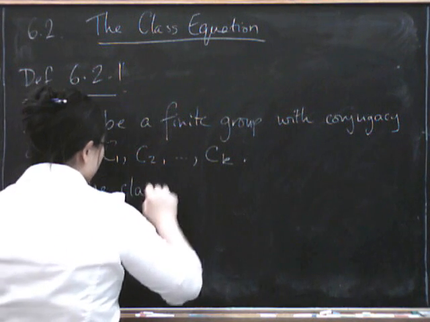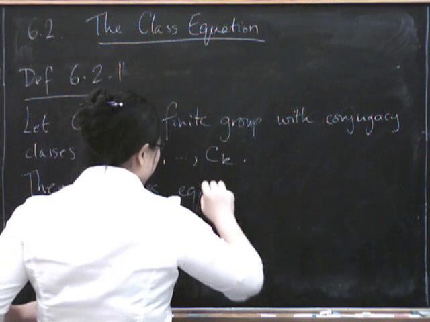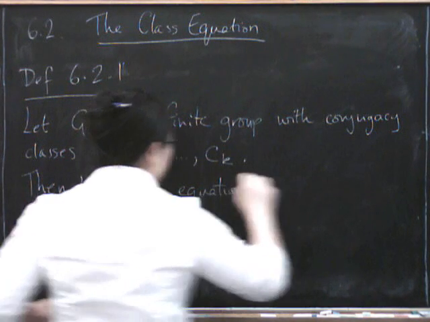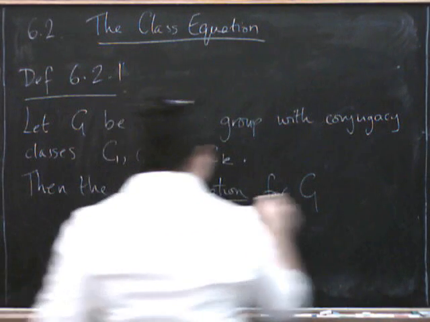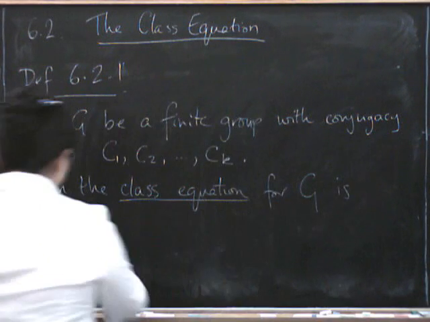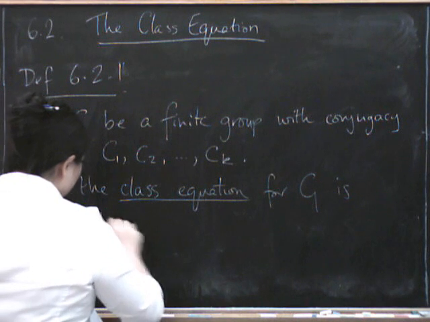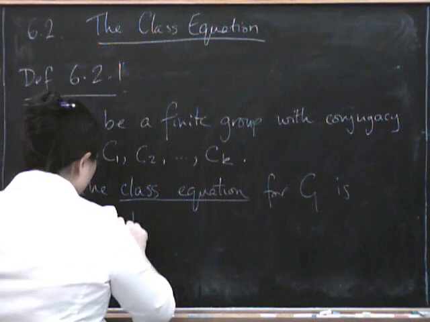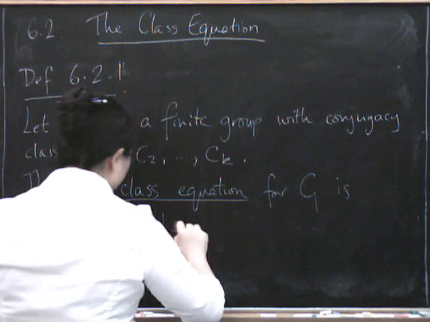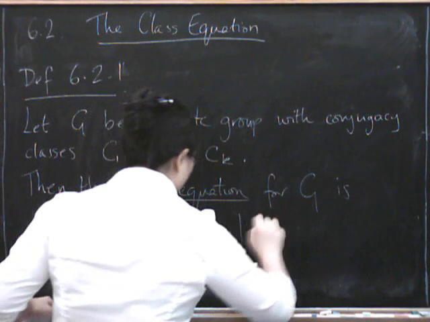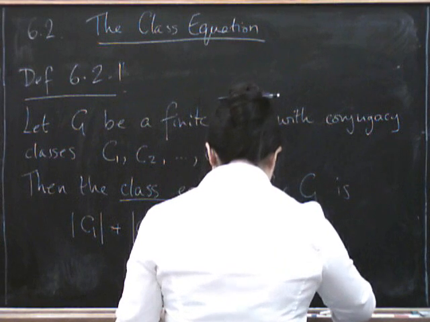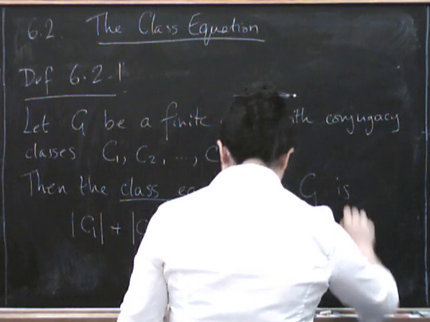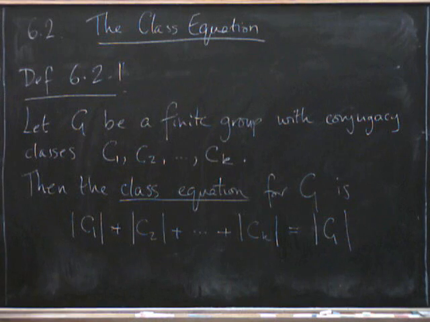for this group, the class equation for G is, you just write down the size of each conjugacy class and you declare that it has to add up to the total number of elements in G. So you write down what these numbers are.